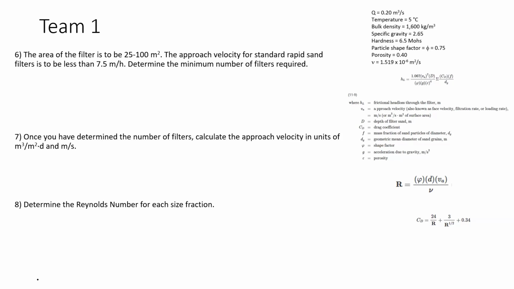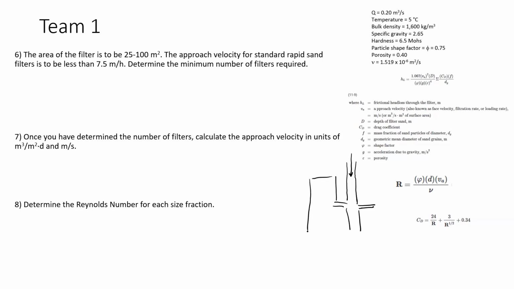So when we design these, typically what you'll see is a main pipe coming from the previous filter. You then have a pipe coming off that main pipe, kind of in this way.